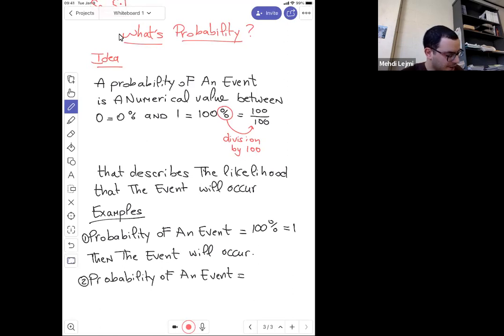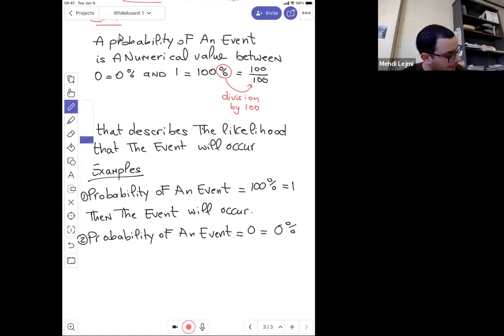Then it means that there is no chance for the event to occur. The event won't occur, so the event will not occur.